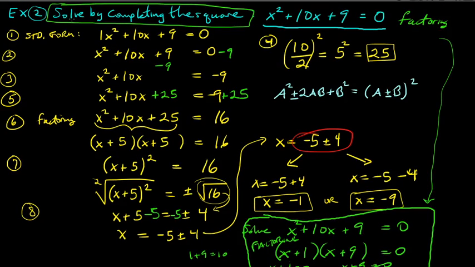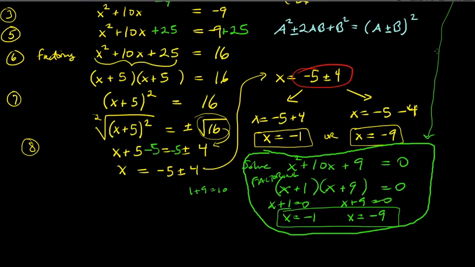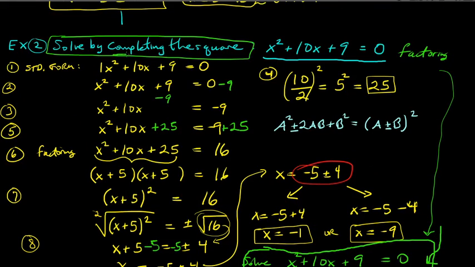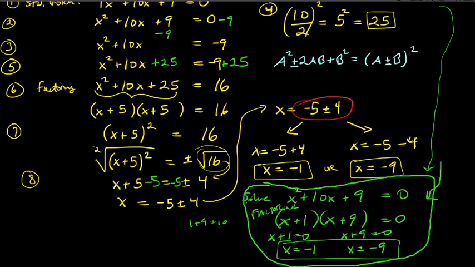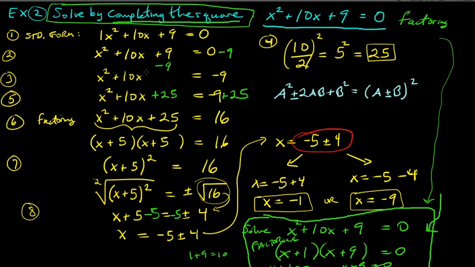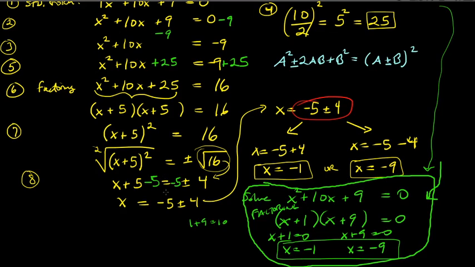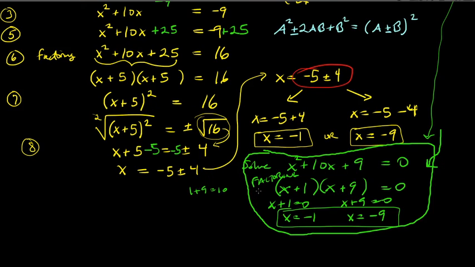Now, if the directions say solve by completing the square, and you do it by factoring, well, then don't expect to get full credit. You're going to lose points for not following the directions. The directions say complete the square, you got to complete the square. Like it or not, you just have to do it that way, right? I'm pretty generous with partial credit.